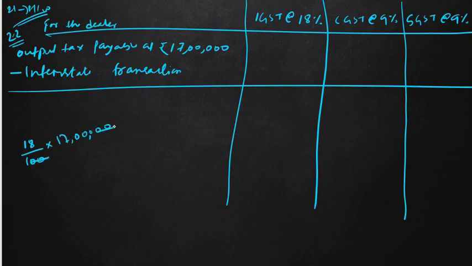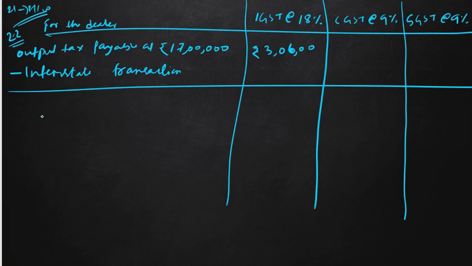We need to calculate 18% that is 18 by 100 into 17 lakh. 18 into 17 is 306, so we will get rupees 3,06,000. So this is your IGST, and there will be no CGST and SGST. Why? Because the transaction is interstate. In interstate we apply only IGST.